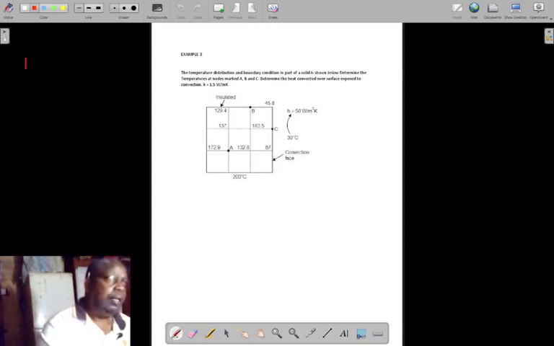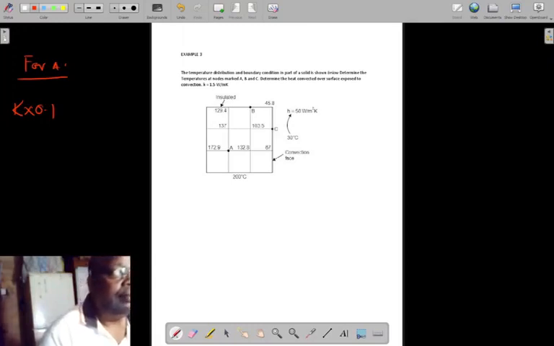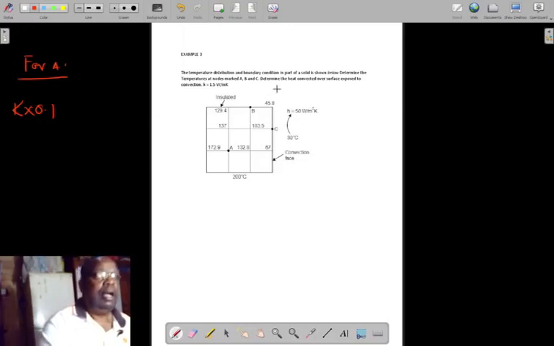So for node A, we have k times 0.1. There is something that I omitted.